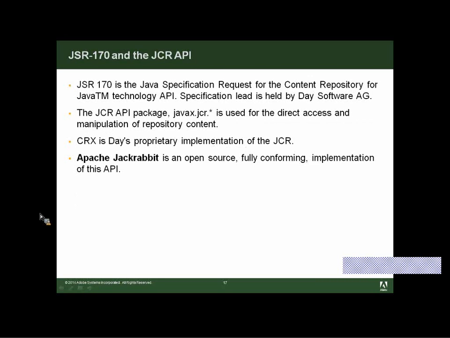And as I said earlier, Apache Jackrabbit is open source and fully conforms to the implementation of this API. But in terms of performance, load, reliability and scalability, CRX is more preferable. That's what they use in production, right? Mostly, yes.